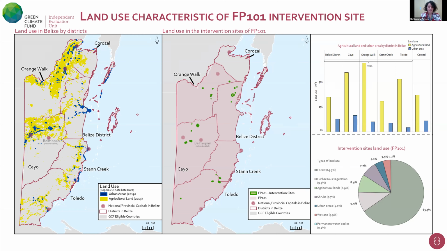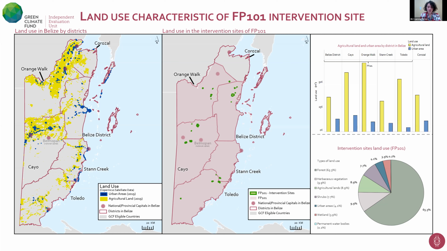With this understanding, geospatial analysis was done to assess the type of land use on the intervention site, in addition to examining whether the intervention sites are mostly made up of rural land use while considering the sectoral focus of the project. You can see from the map on your left the proportion of land use for agricultural and urban area in the different districts of Belize, with agricultural land in yellow and urban area in blue.